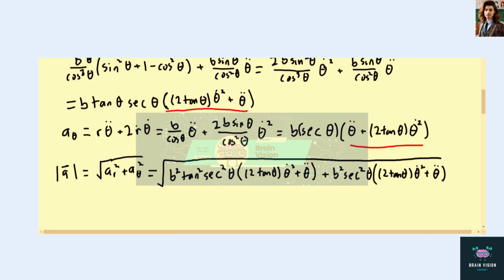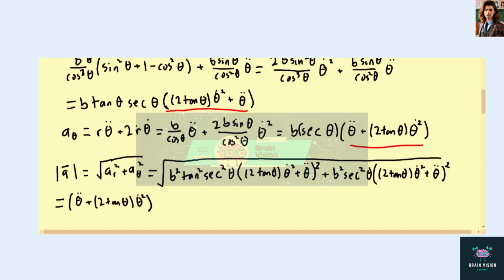All right, so that's going to simplify quite a bit. So we've got our tangent theta, yeah, these are both squared, so we'll be factoring that out, and we'll just get a term in front, which is a theta double dot plus 2 tangent theta theta dot squared.